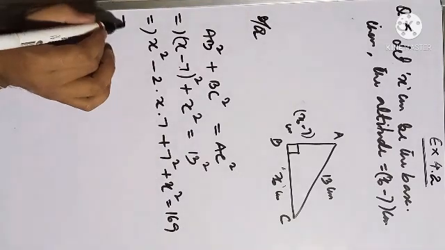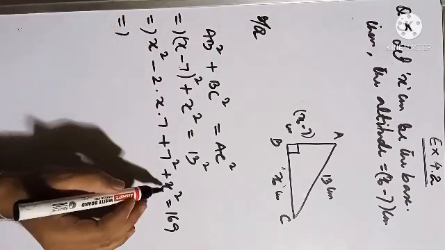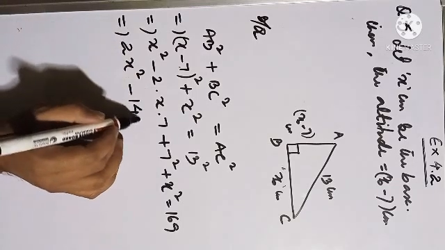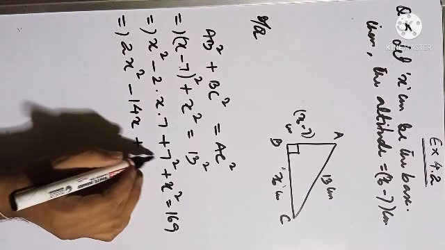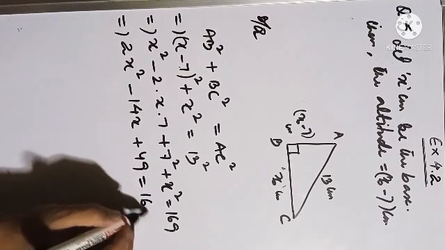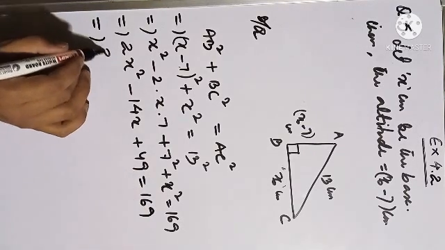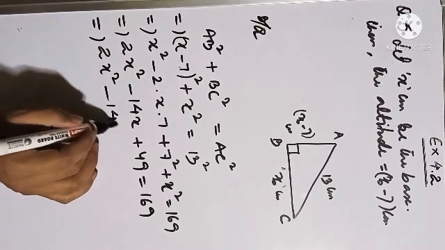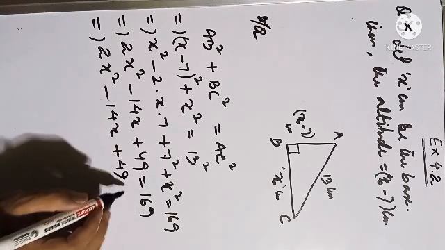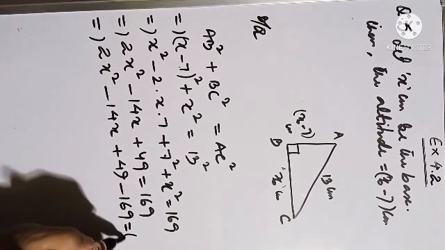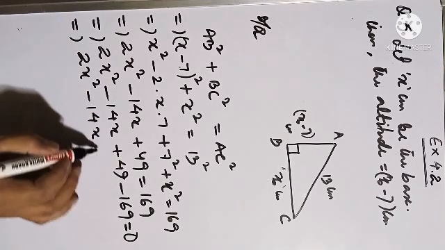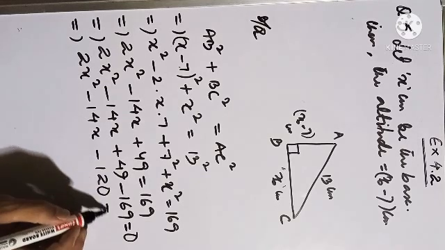So x square plus x square, we have twice x square, then minus 2 times 7 is 14, so 14x, plus 49, 7 square is 49, then equal to 169. Let me bring this 169 to the left hand side. Now it becomes minus 169, equal to 0. Then twice x square minus 14x minus 120 equal to 0.